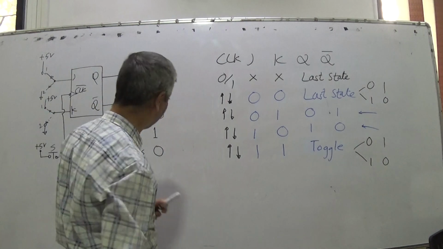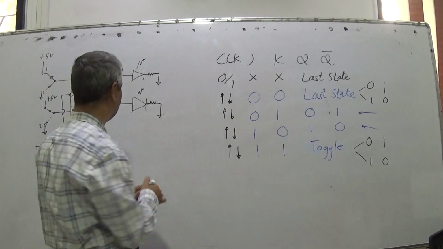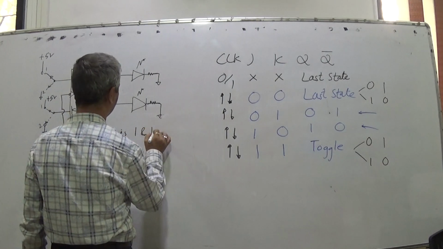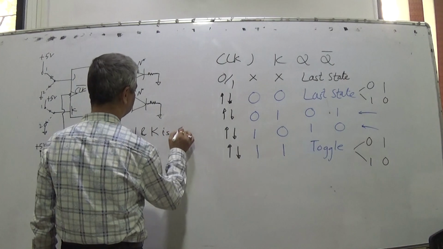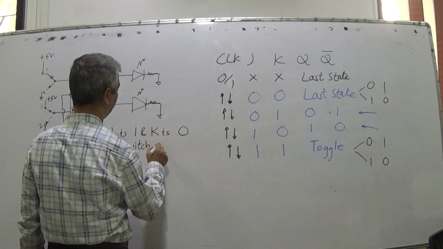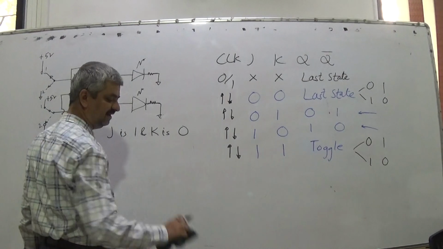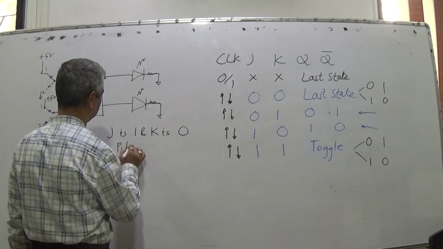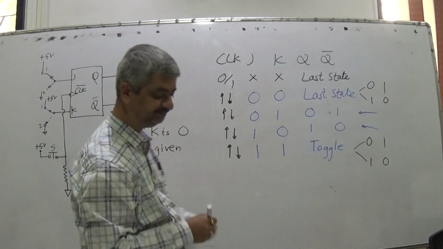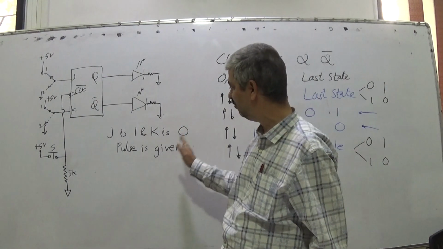Instead of writing in truth table form, I write in sentence form because it's a human action. So what we have done: J is 1 and K is 0 is step 1, the switch is pressed and released, means pulse is given. Is it right? J is 1, K is 0, pulse is given.